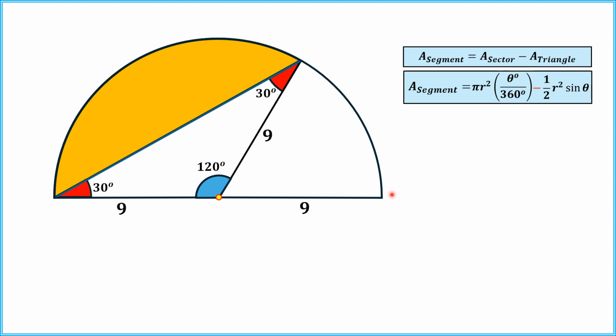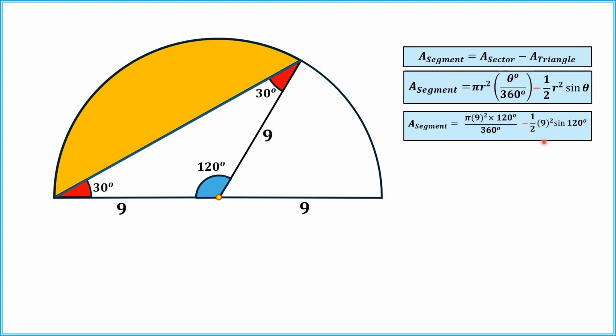Substituting the value of radius, which is 9, and angle theta, which is 120°, this will be pi times 9 square multiplied by 120° over 360°, minus half times 9 square sine of 120°.